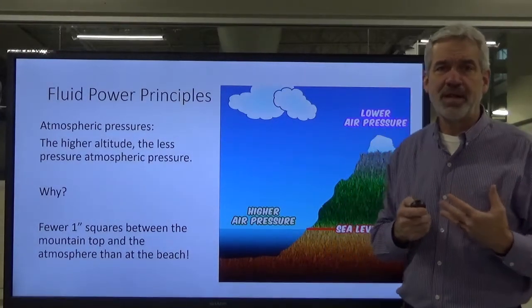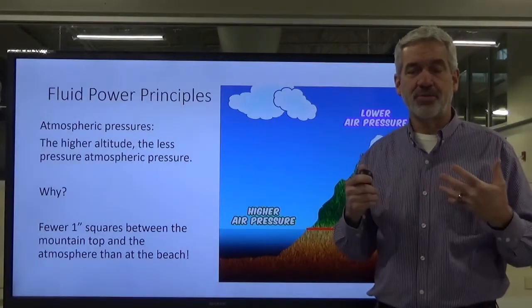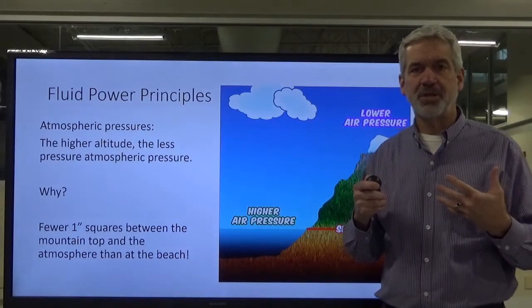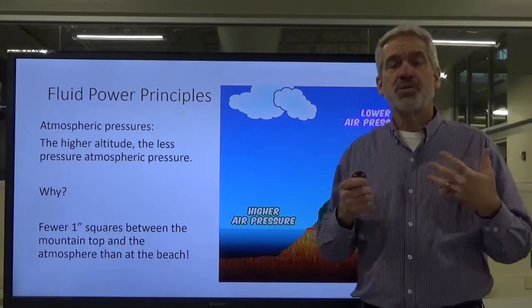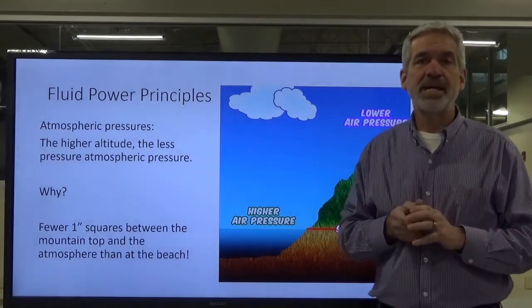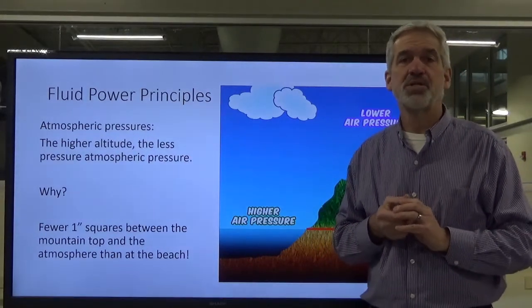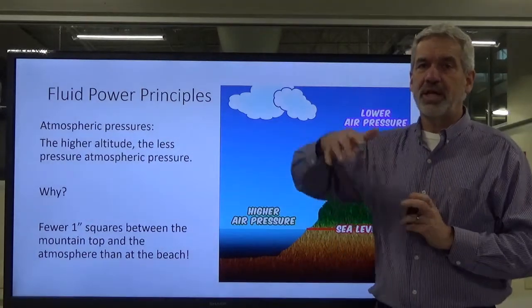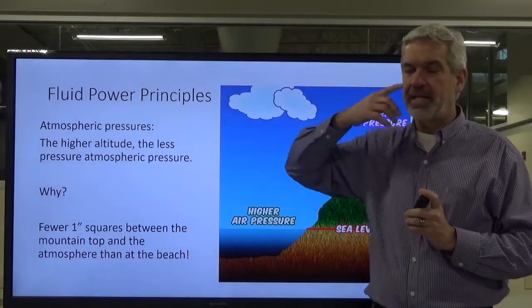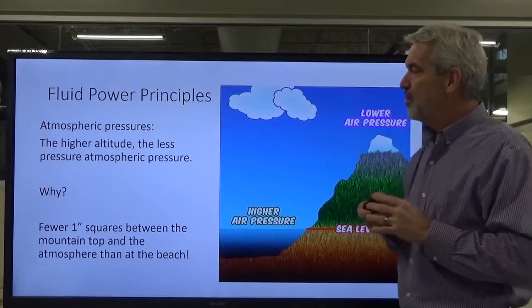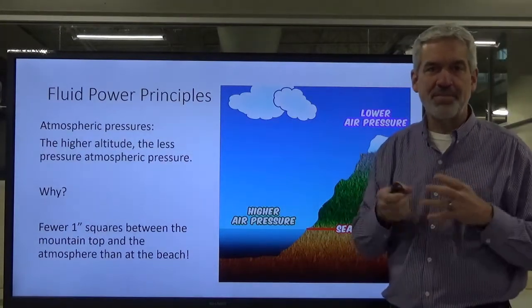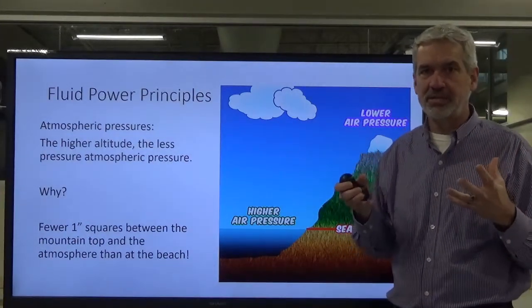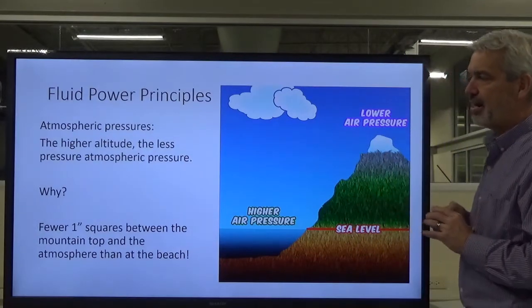Some mountain climbers experience very light pressure, or much less pressure up there in the mountains. Also, when you fly, the reason that planes have pressurized cabins is because the pressure is much less up there in the air, and so we have to compensate for the pressure in the cabin so that we can live while we're flying at those high altitudes.